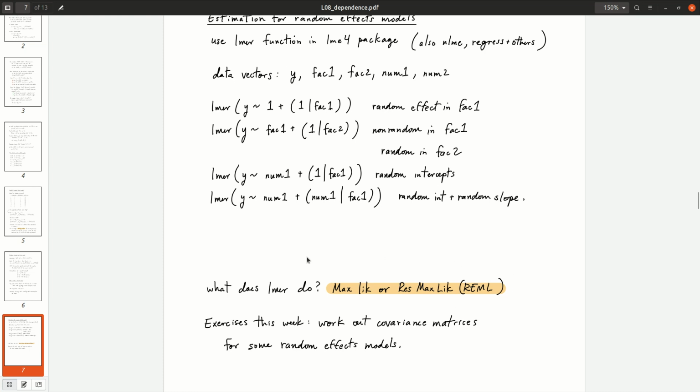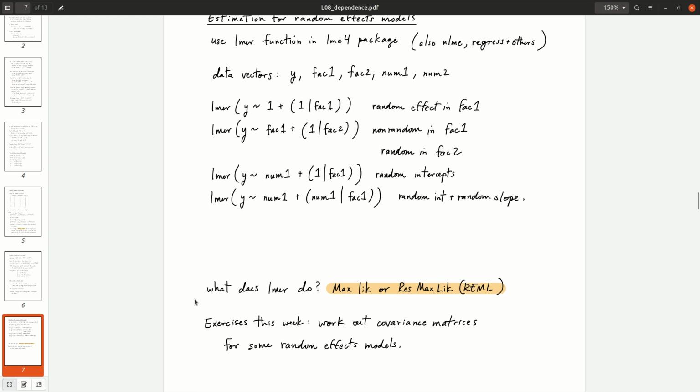So your exercises for this week, we're going to ask you to work out what the covariance matrices are for these different types of models. So we did it for the one-factor random effects model. We figured out what the covariance between pairs of observations are. You can do that for any of these models.